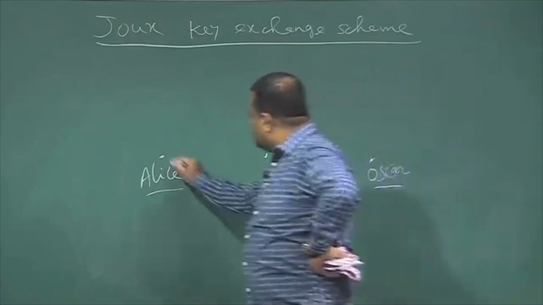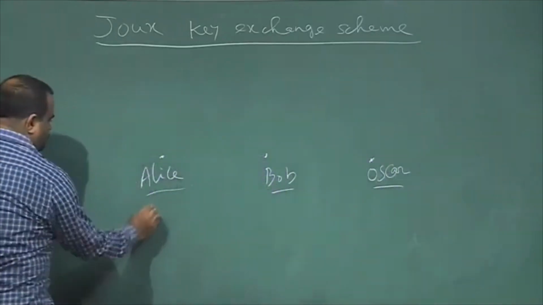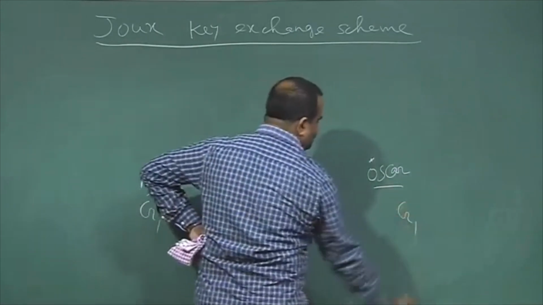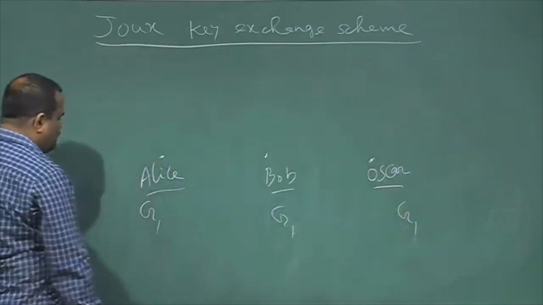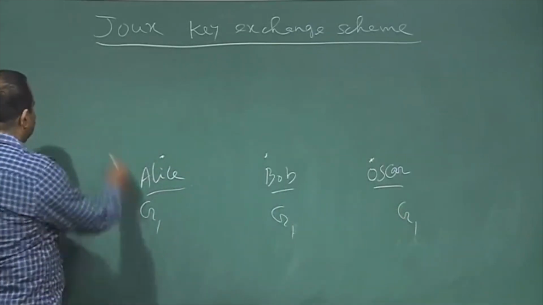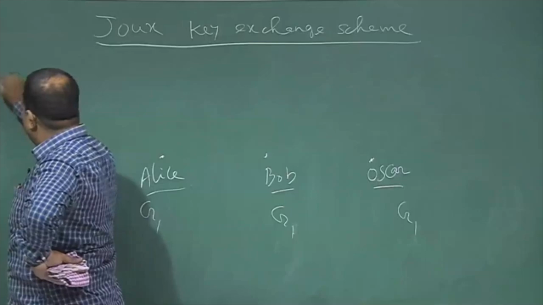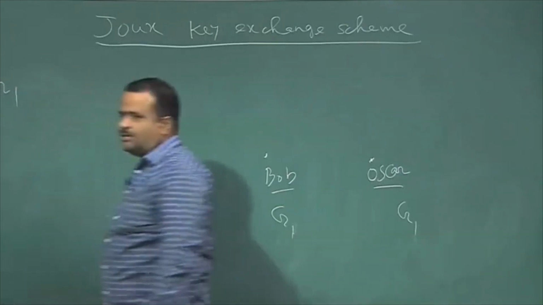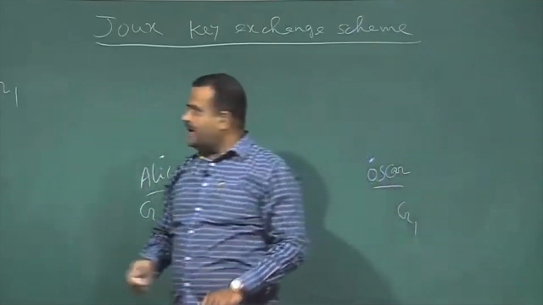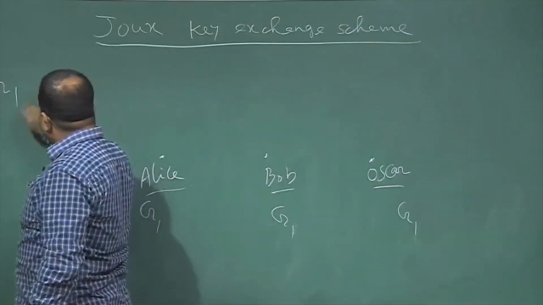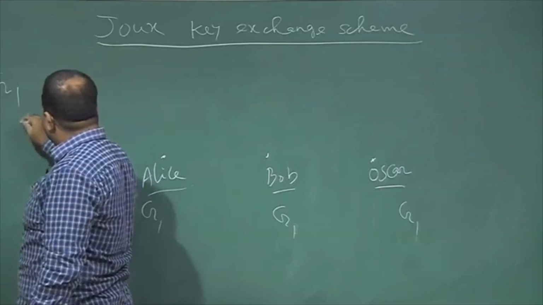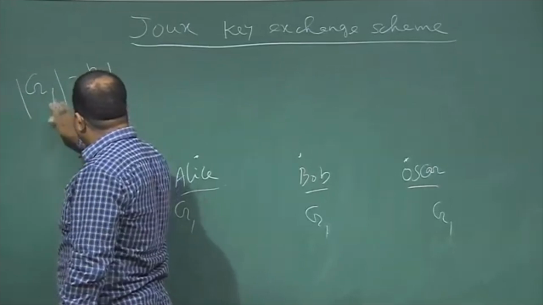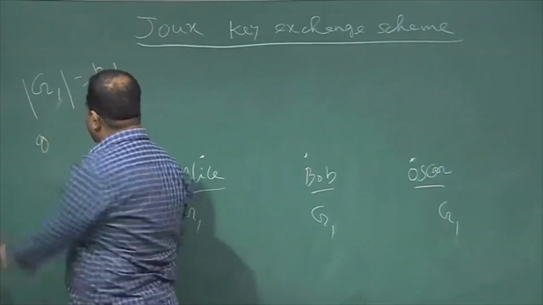So what do they do? They know this G1, which is known to all. First of all, they have to choose a group G1 on which this pairing is defined, and suppose the order of this group is prime, and P is a generator of this group.